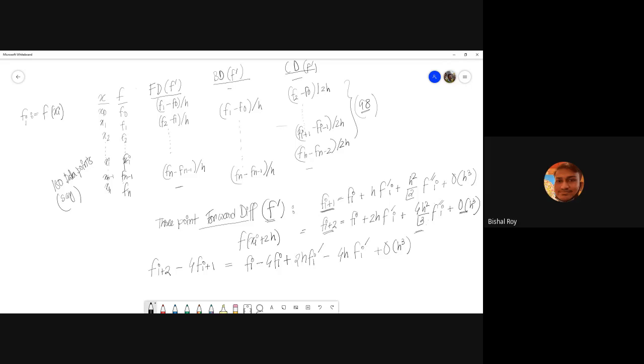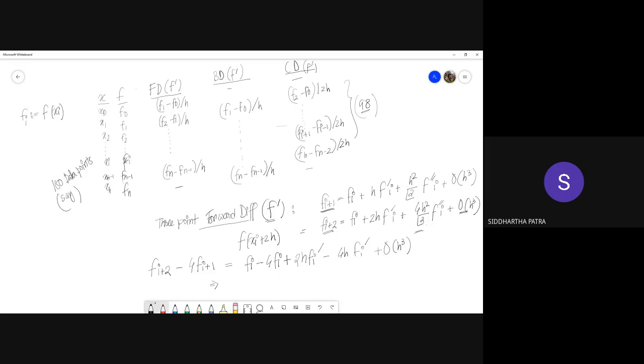So in the end, this is what I'm supposed to have. f i plus 2 plus 3 fi minus 4 f i plus 1 divided by twice h. Okay. Yeah. There is a negative sign, so it would change.